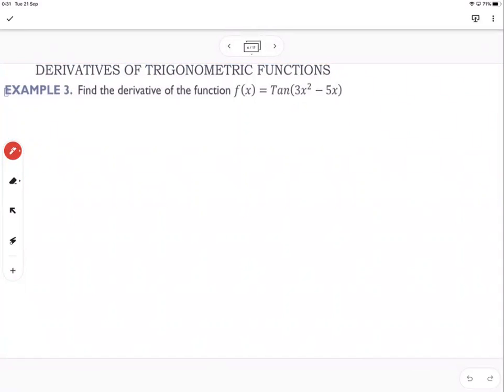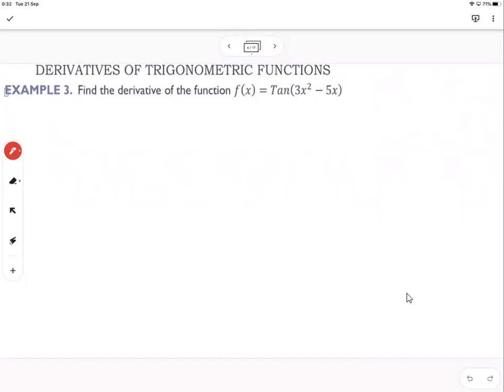Number 3. Find the derivative of the function f of x equals tangent of 3x squared minus 5x. So how am I going to know that I have to use the trigonometric rule? Well, because tangent is a trigonometric function. What is the rule of tangent?